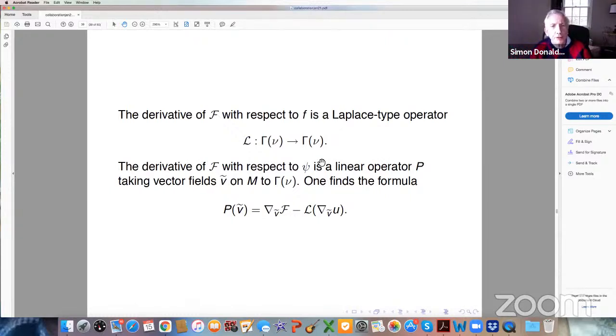So if we differentiate, the derivative of a diffeomorphism is given by a vector field.